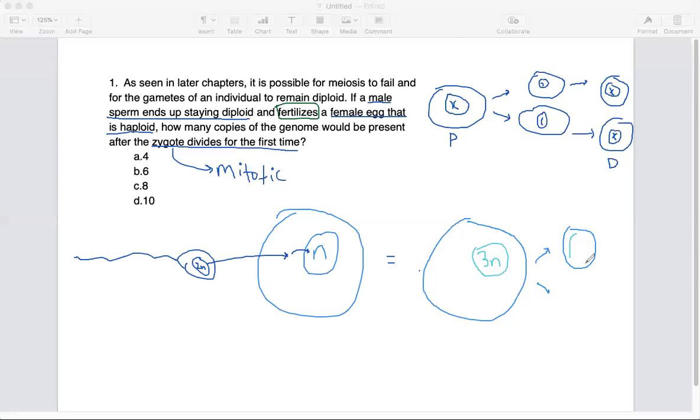In this nucleus over here, we have like 1/2 of each of the chromosomes that we had in our zygote. And then in this guy, we had another 1/2 of the chromosomes that were in the zygote, right?